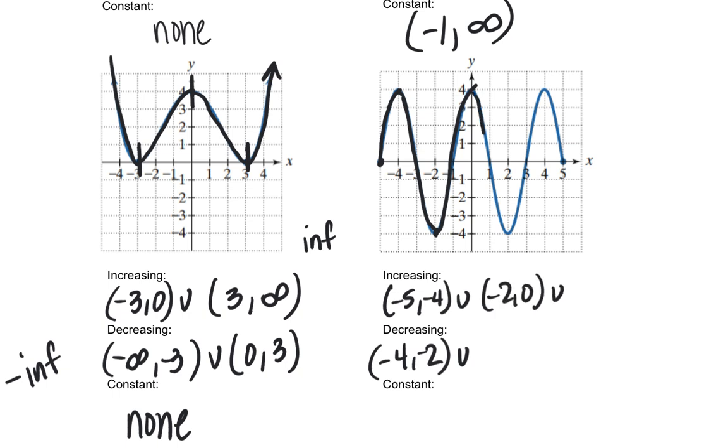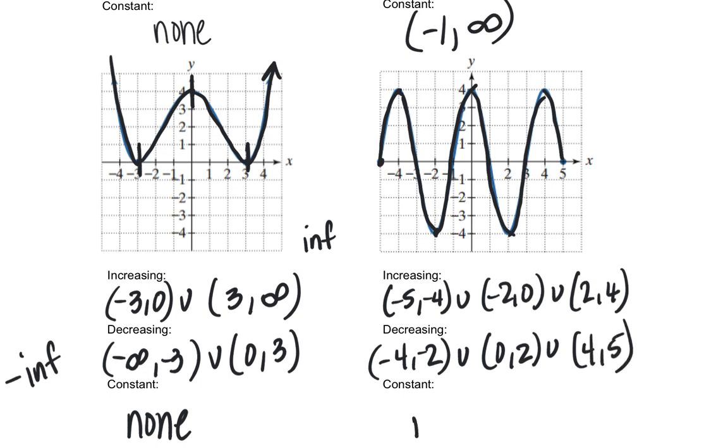And then I go down from 0 to 2. I increase again from 2 to 4. And then I come back down from 4 to 5. And there are no constants.